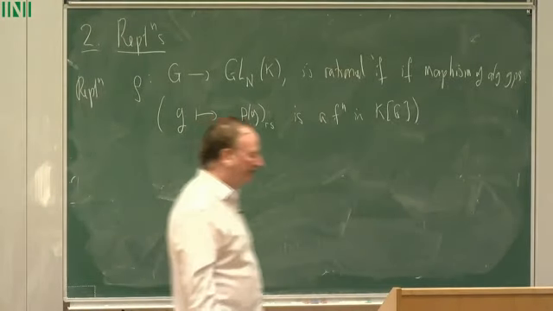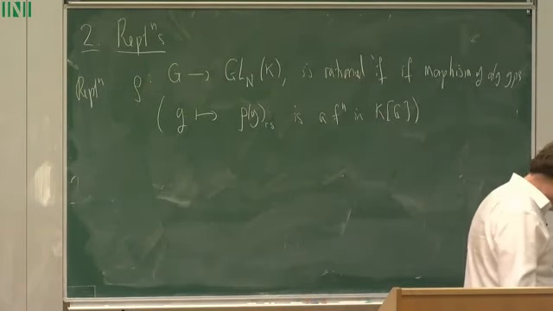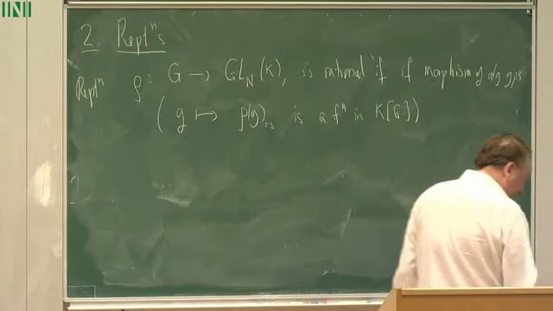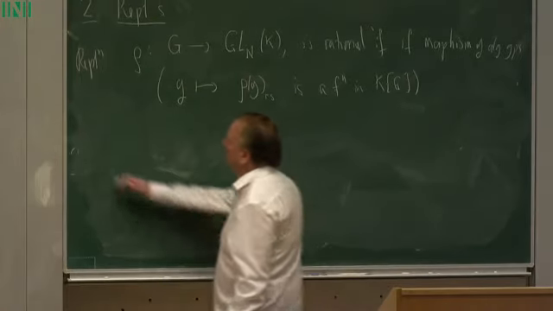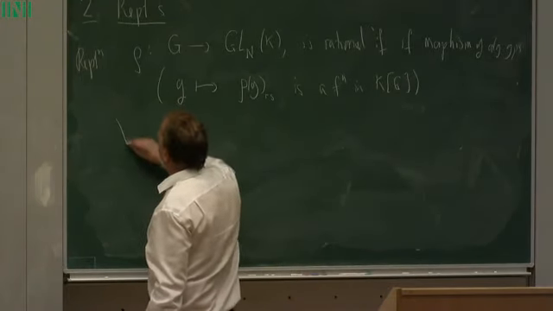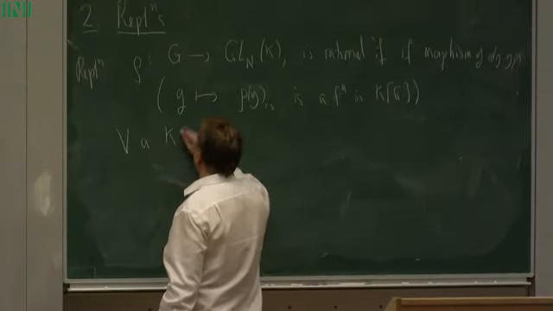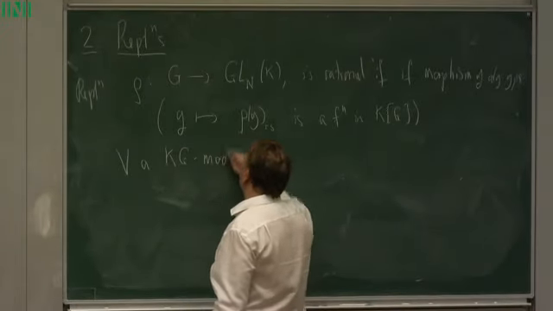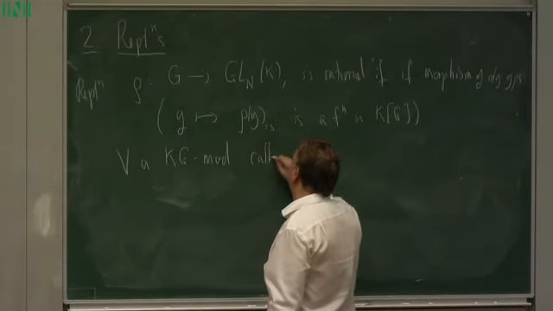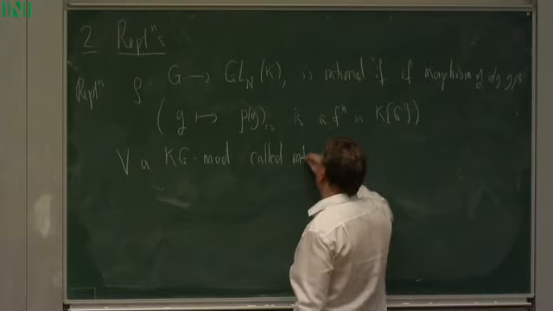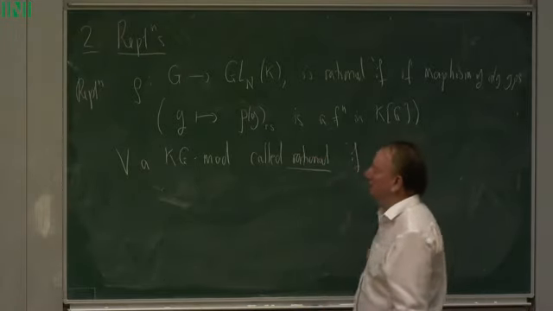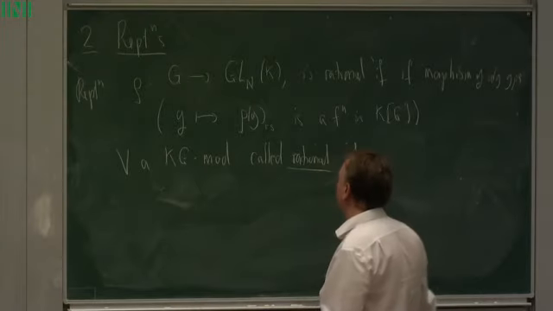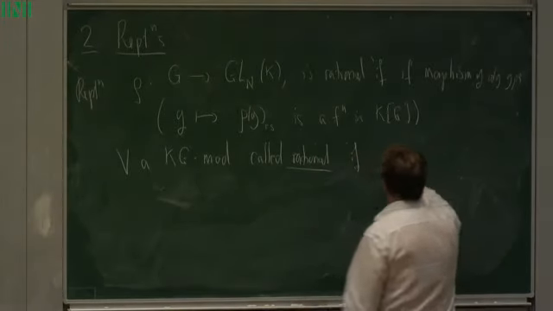That's not a rational operation. And so that's a representation, but we might as well talk about a module as well. The KG module is called rational if the corresponding representation is rational.